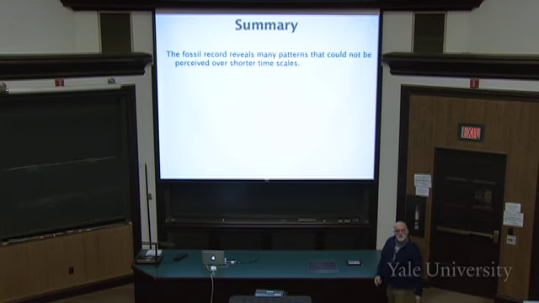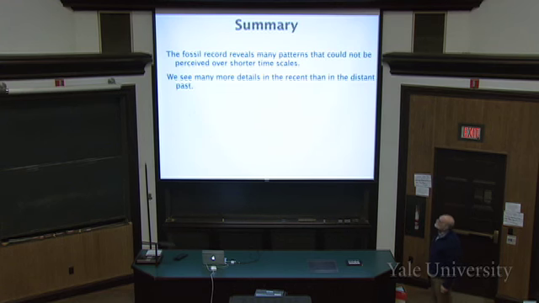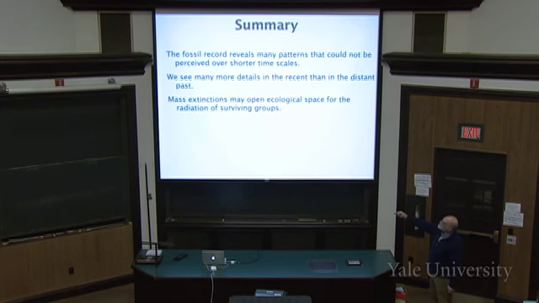Okay, so what does the fossil record tell us? It shows us a lot of stuff that we couldn't see at shorter time scales. We see a lot more detail in the recent than in the distant past. It looks like mass extinctions may open up ecological space for the radiation of surviving groups, so it may be that you need an extinction before you can have a big radiation.